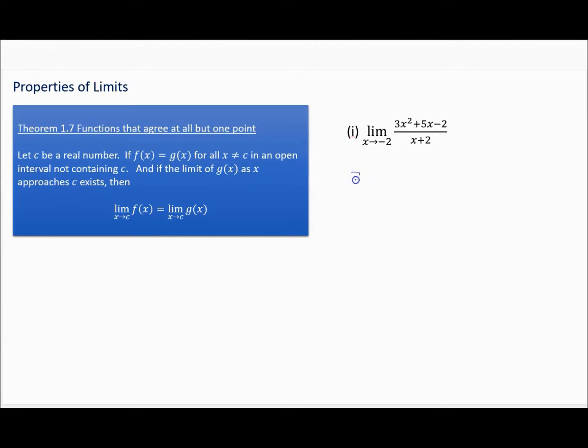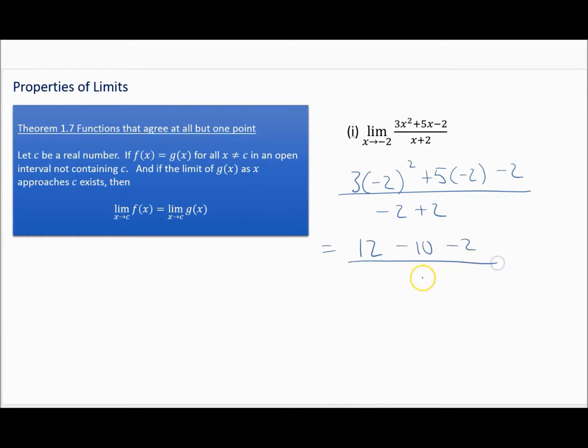So I'm going to have 3 times negative 2 squared plus 5 times negative 2 minus 2 divided by negative 2 plus 2. Negative 2 squared is 4, right? 3 times 4 is 12, minus 10, minus 2, divided by, we have a problem. Negative 2 plus 2 is 0.